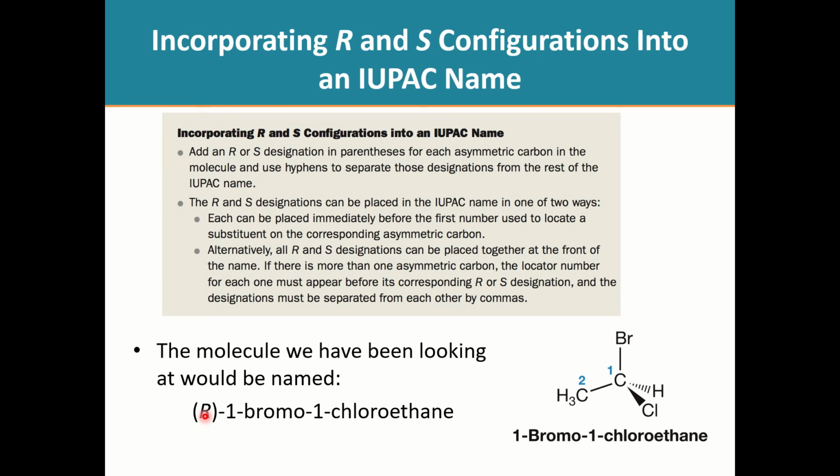So R-1-bromo-1-chloroethane. Really, really straightforward. Okay. Now, what if you have a molecule with 2 stereocenters? How do you name that?